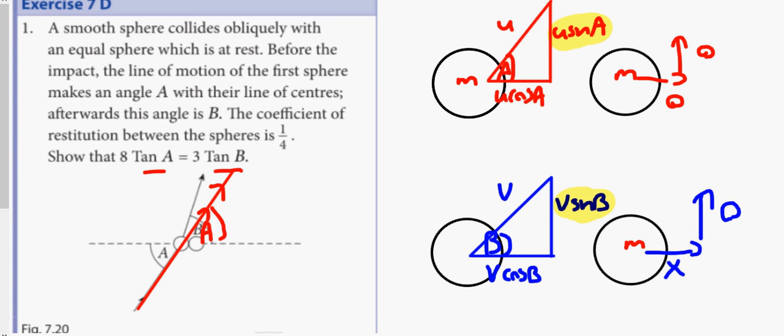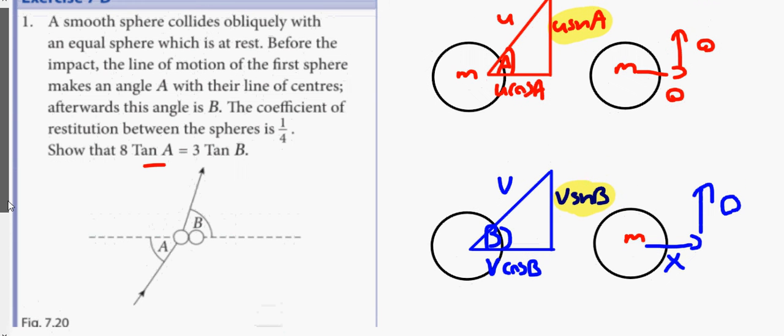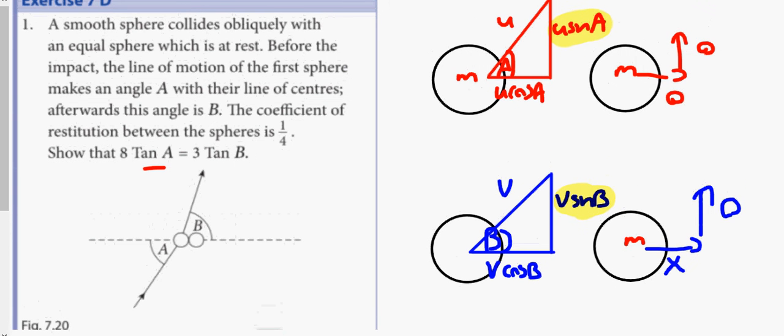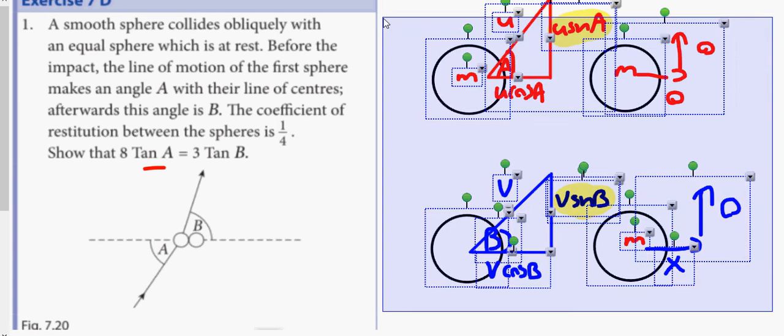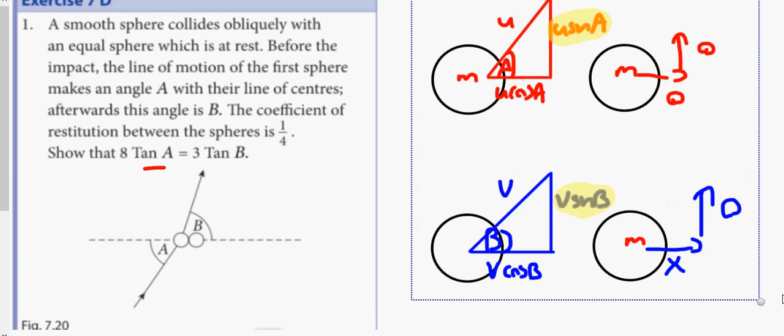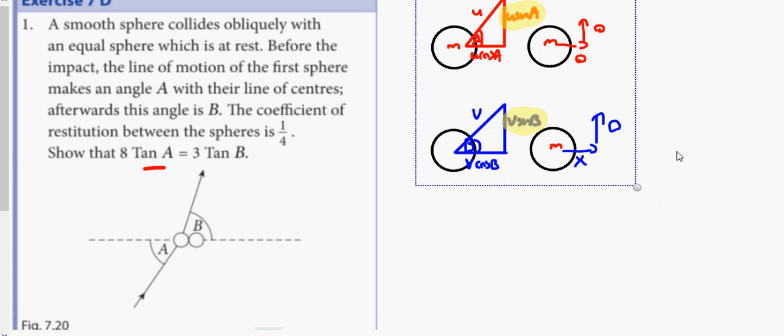Now we're going to do what we always do. We are going to do our conservation of momentum, and then following that, we're going to do Newton's experimental law, and then we're going to assess where we are. That's the great thing about these questions. They're always the same stuff to get the marks. So let's do conservation of momentum.